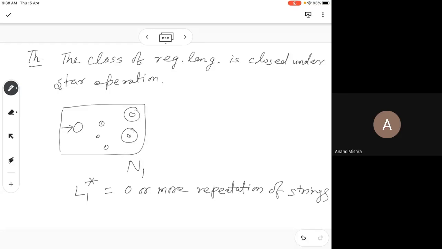Since 0 repetition is allowed, your first state should be a final state, and then with the empty string you can add this. Let's call it Q1.